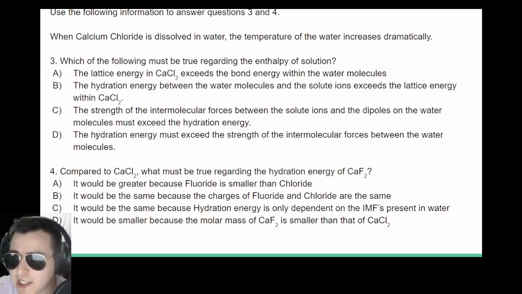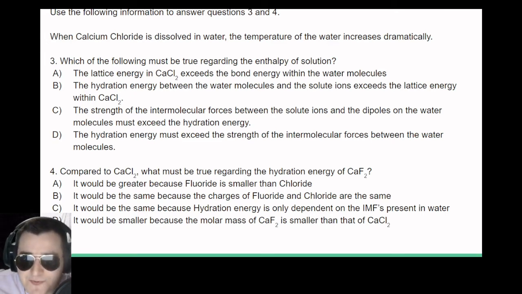And we've already looked a little at answer choice B, because this is the exact explanation for an exothermic process. A doesn't make sense given the context of the situation, and C and D are the same answer choice, effectively. They're not literally the same definition, but C and D are the same answer choice. So it must be B, because this is an exothermic process.